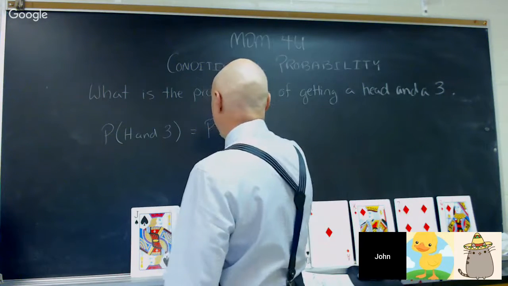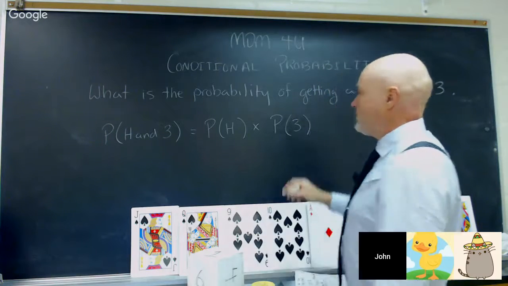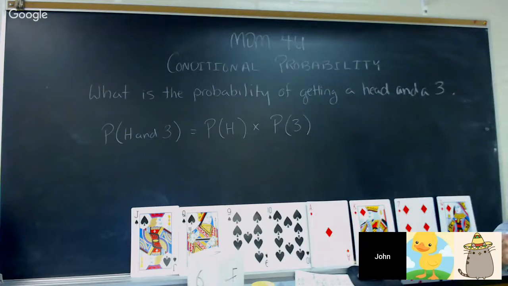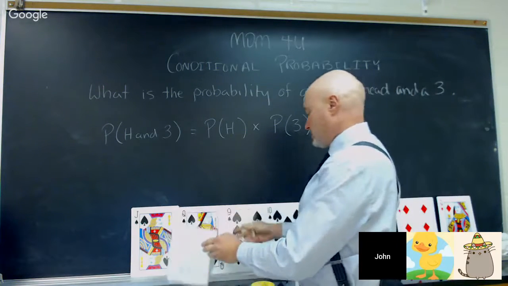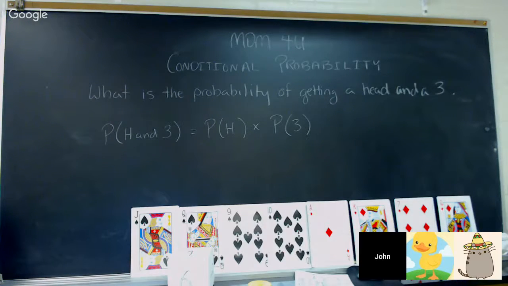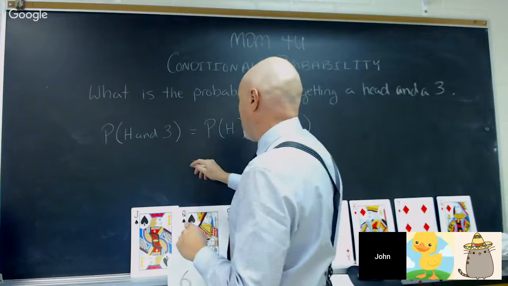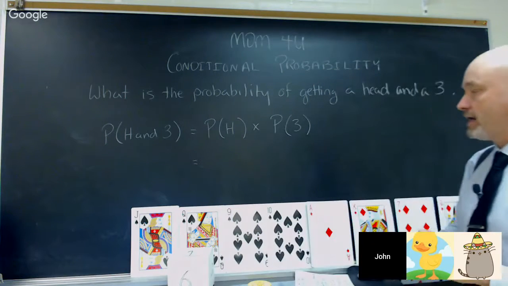Well, we know from the multiplication principle that this is just the probability of throwing a head times the probability of throwing a 3, because this dice does not have any influence on that toss.